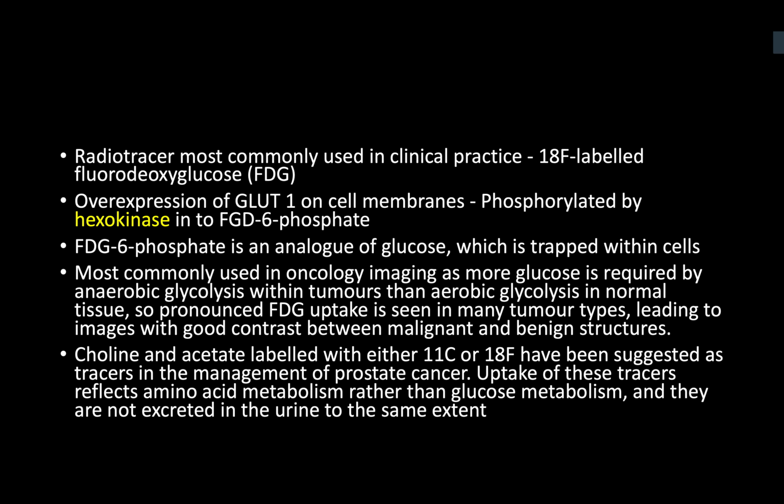The FDG will be taken up by the GLUT1 on the cell membranes and internalized into the cells. In the cells, it is phosphorylated by hexokinase and becomes FDG-6-phosphate. Once it is phosphorylated, it is trapped inside the cells.